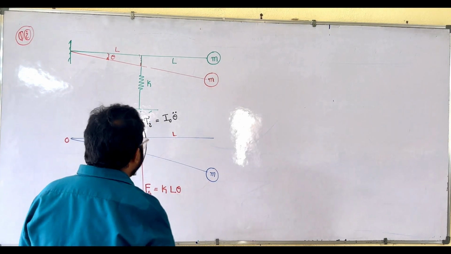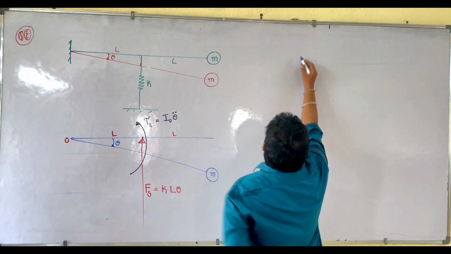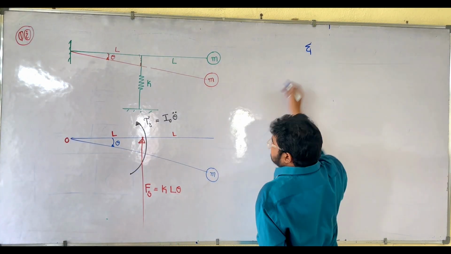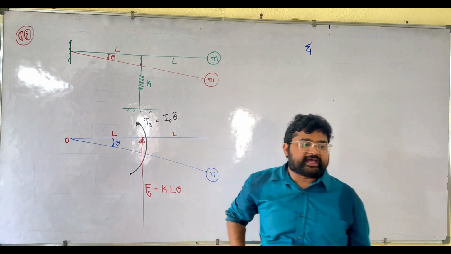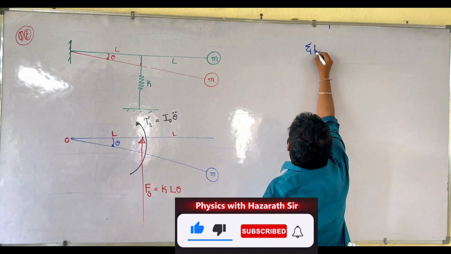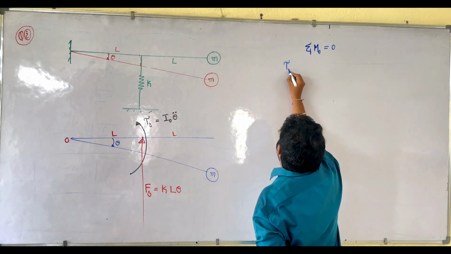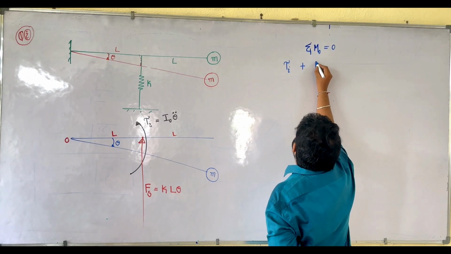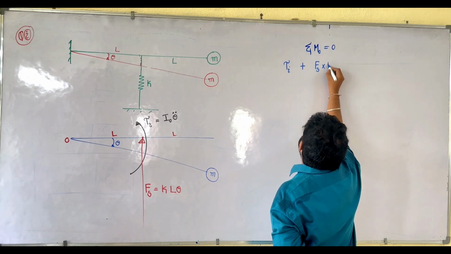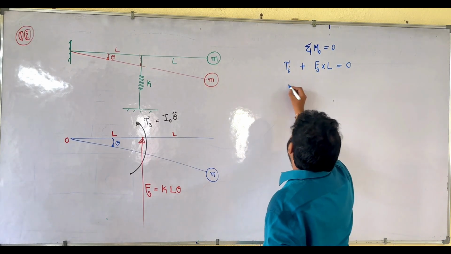Now apply moment about point O. Inertia torque represented in the free body diagram means the dynamic problem is converted into a static problem. Sigma MO equal to 0: inertia torque plus spring force into L equal to 0.